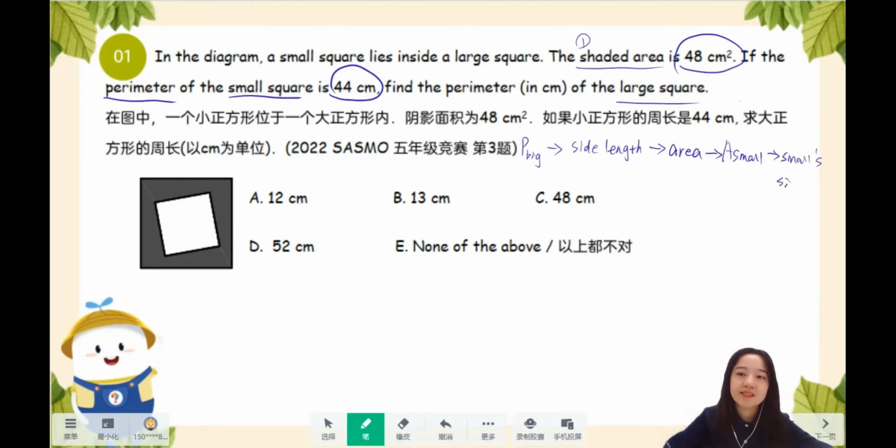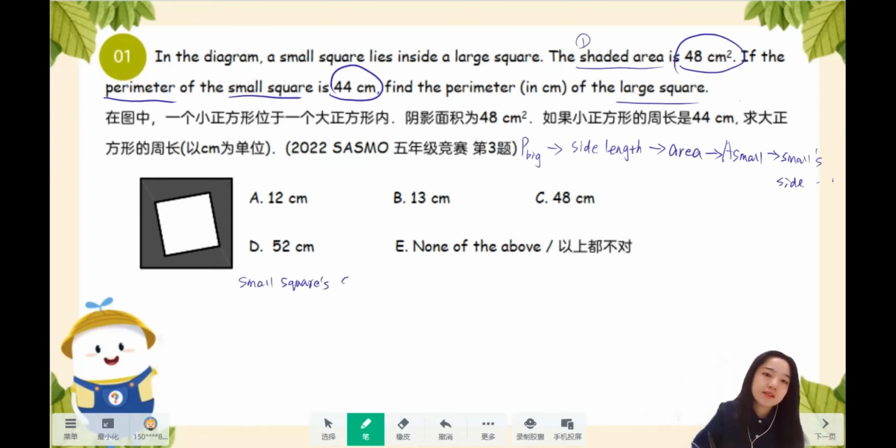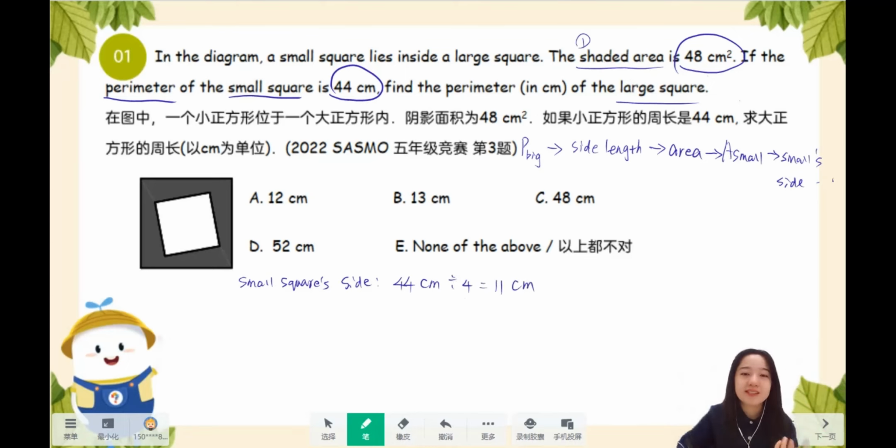Small side length. Actually, in the question, it has already told us the perimeter of the small square. So to solve the small square's side length, we just need to divide the perimeter into 4 equal pieces. So one side is 11 centimeters long.